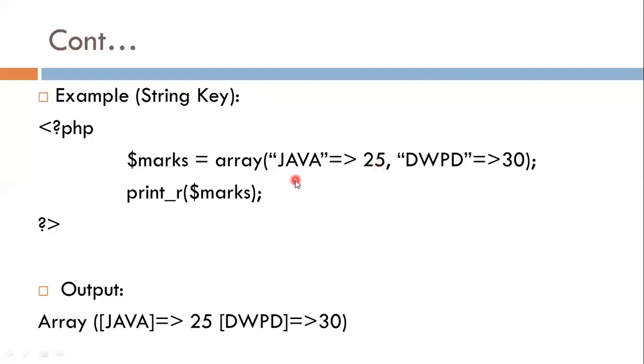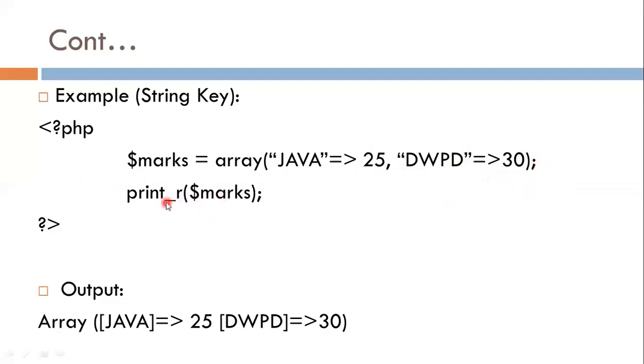Here I write one subject Java, which is a string, so this key is written between double quotation marks, then equal sign, greater than sign, then marks. Then again the DWPD subject, which is also a string, so write it in double quotation marks, then =>, then 30, and then parenthesis and semicolon.